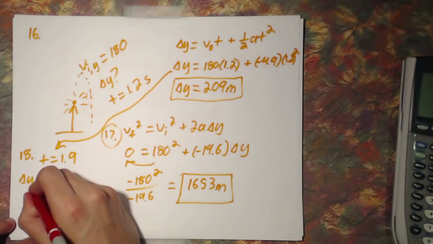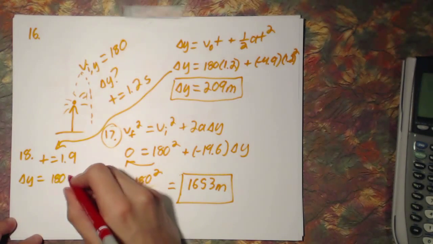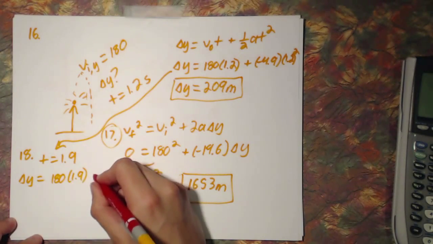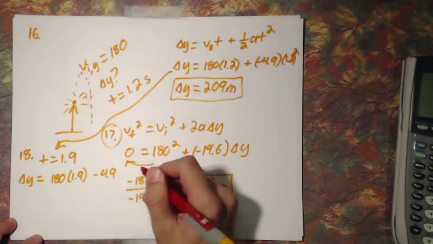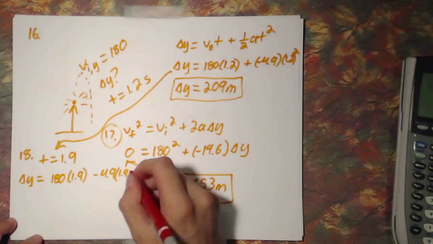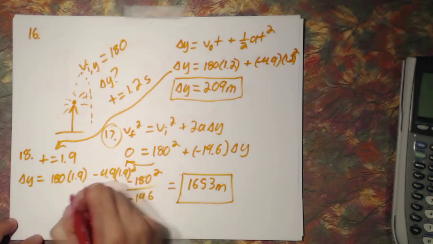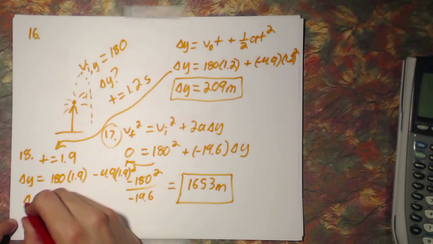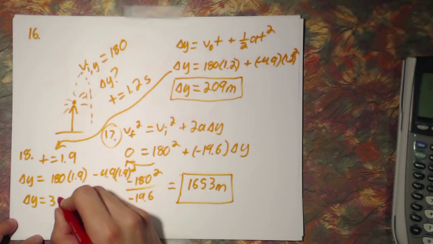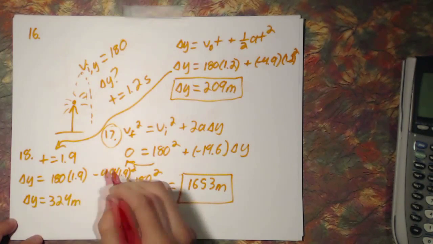So delta y equals 180 times 1.9 minus 4.9 times, we're running out of room, 1.9 squared. Plug that all into your calculator, and you should get delta y equals 324 meters.